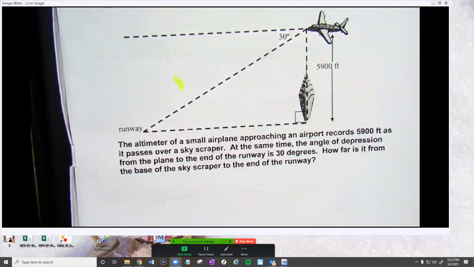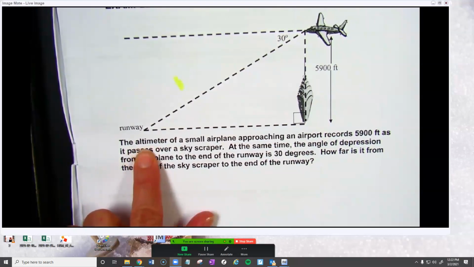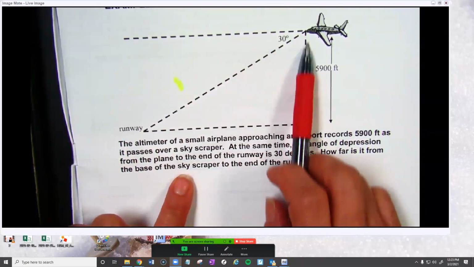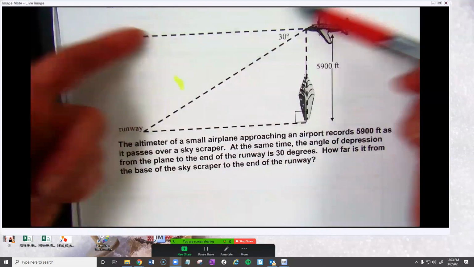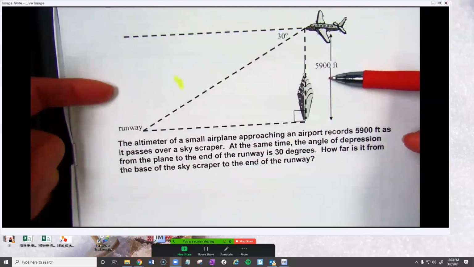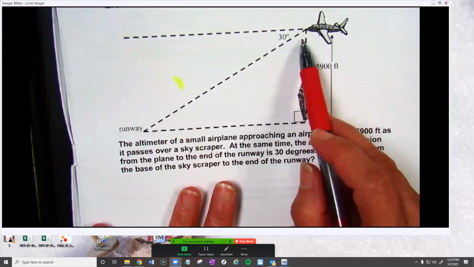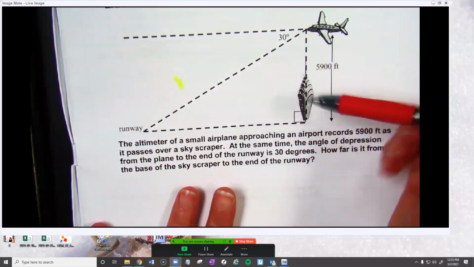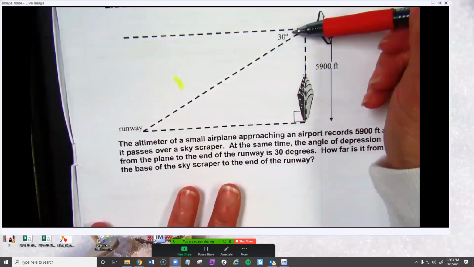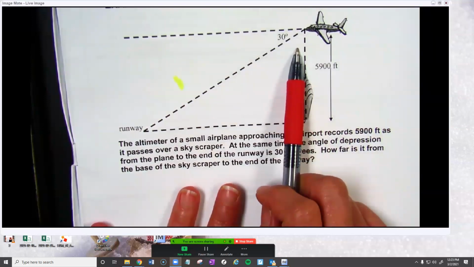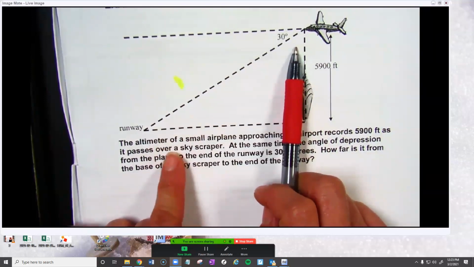So remember, we're dealing with height. I know I'm dealing with height because I have the word altimeter, which is just like altitude. So this is a 90-degree angle right here. If you notice, this is just one big giant rectangle. I just don't have this side closed right here. So this is 90 degrees. So if this portion is 30 degrees, what's going to be the part of the degrees that's on the inside of this little triangle we're working with?